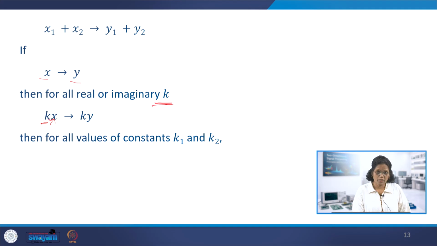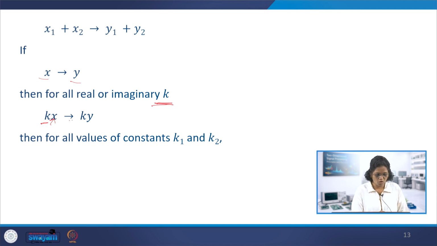K can even be imaginary. If you multiply the input by 1 plus j, then the output also should be multiplied by 1 plus j. So the imaginary K should also be valid in the case of scaling or homogeneity.